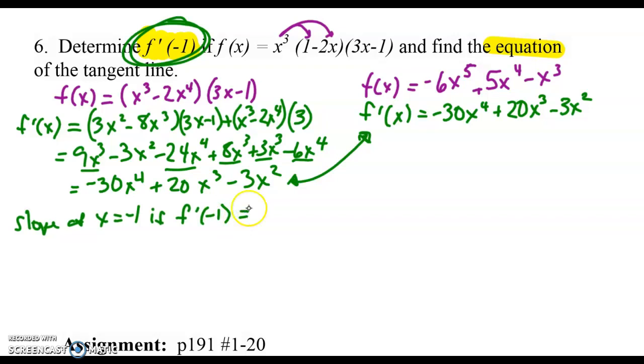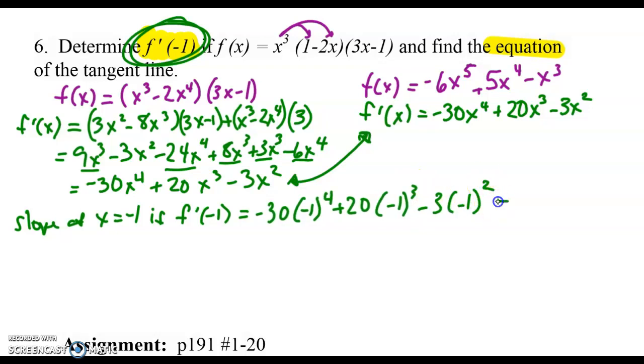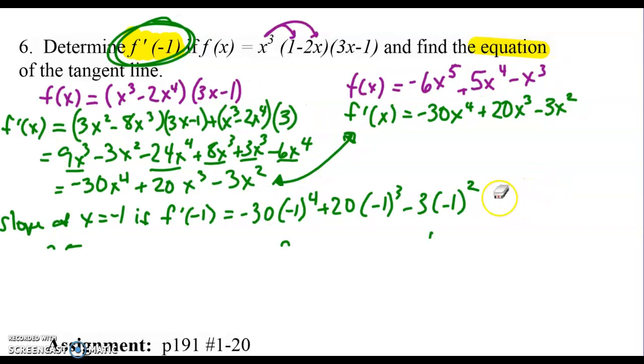So let's put that into the equation we found: negative 30 times negative 1 to the power of 4 plus 20 times negative 1 to the power of 3 minus 3 times negative 1 to the power of 2. When you add that all together, it should equal negative 53.